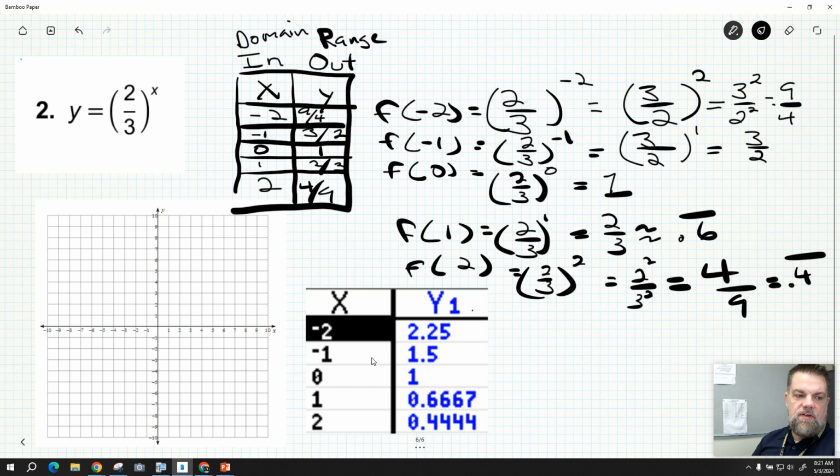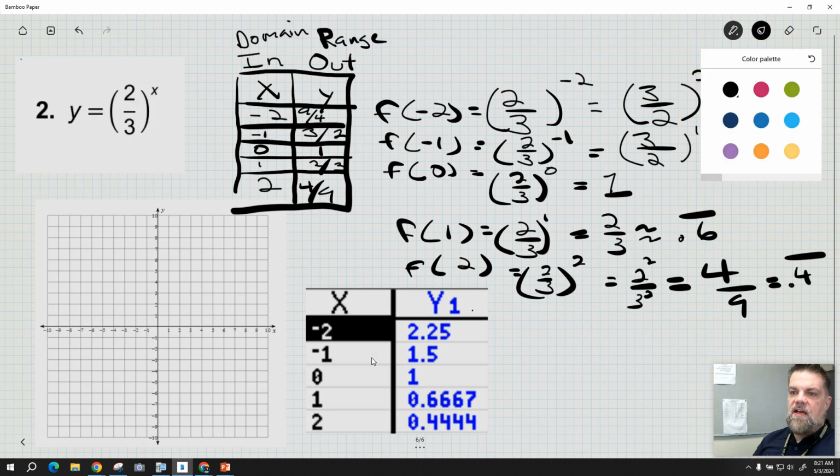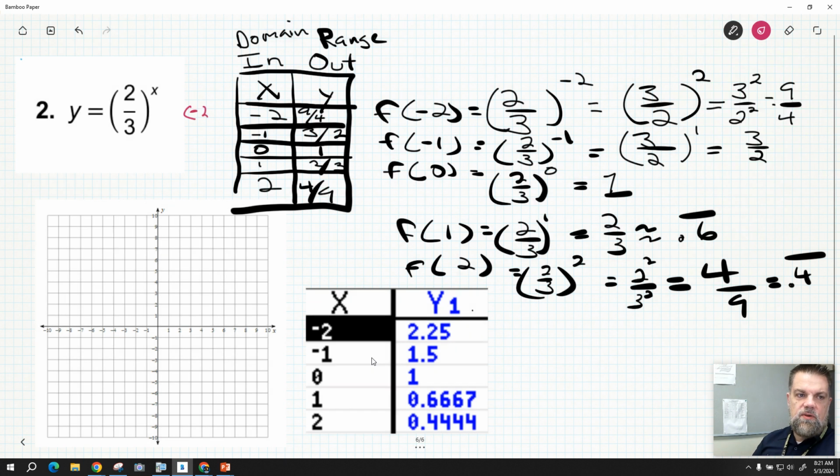I mean, you could do it. Remember, this is -2, 9/4, and we know that 9/4 is 2.25. So I could go over -2 and then go up 2 and go about 1/4 of the way.